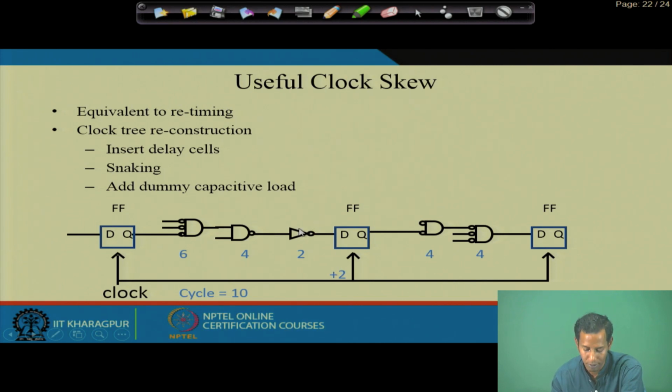So if the T cycle at that time is 10 and it is 12, then because of this amount of skew, we can make this cycle time valid for the corresponding path, which is related to 12.